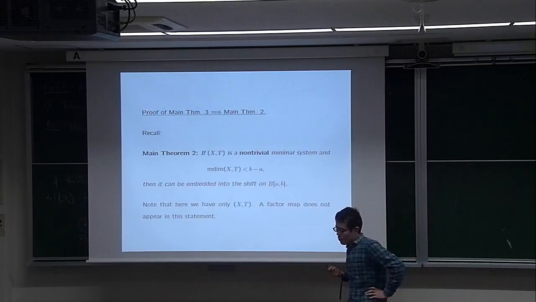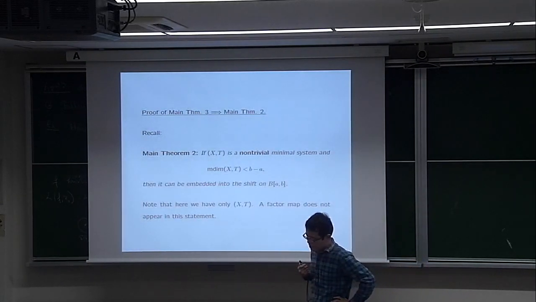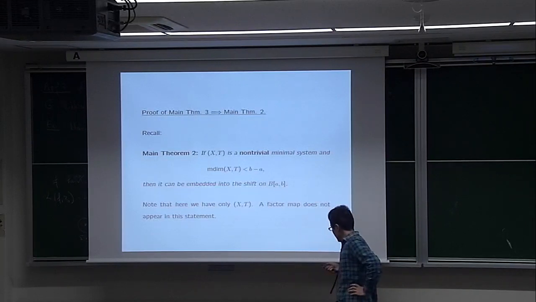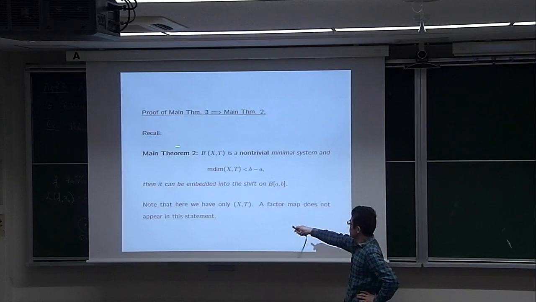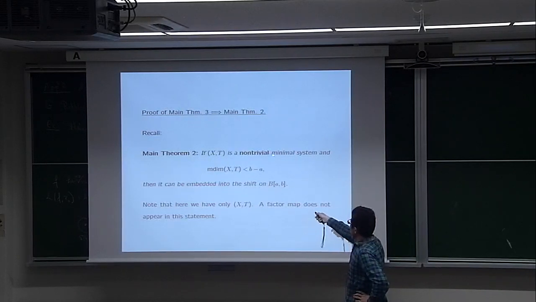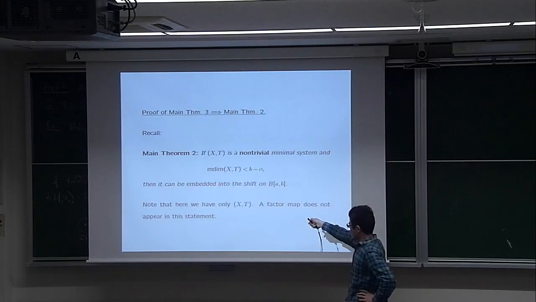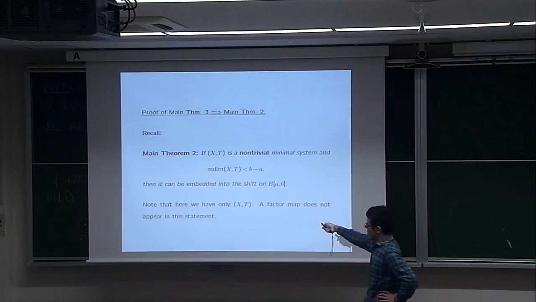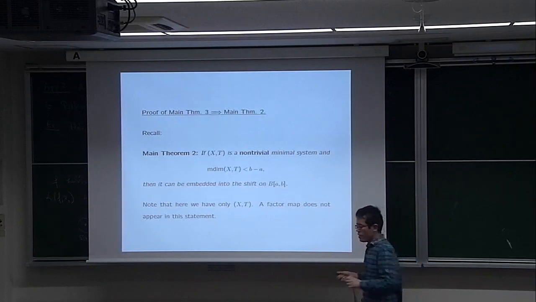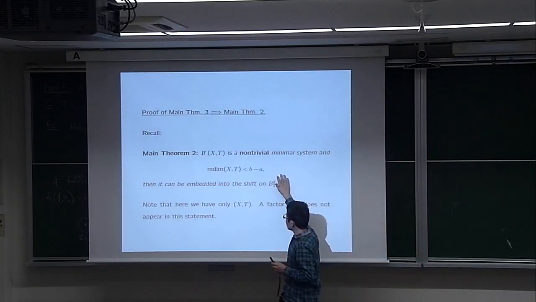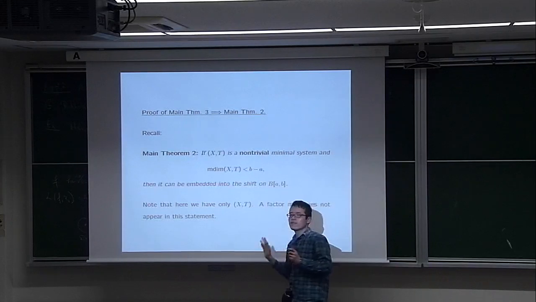Okay, and I want to explain how to prove main theorem 2 by using main theorem 3. And recall the statement of main theorem 2: if (X, T) is a non-trivial minimal system and has mean dimension smaller than the bandwidth, then it can be embedded into the system of B_{[A,B]}. The point is that in this statement, we don't have a factor map.